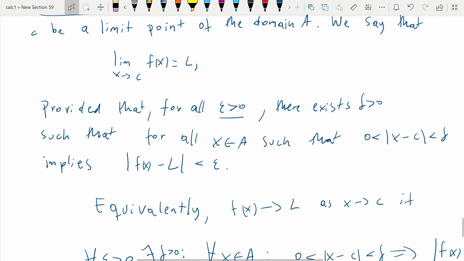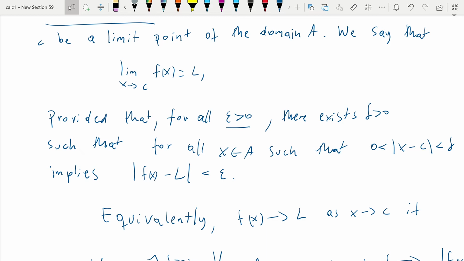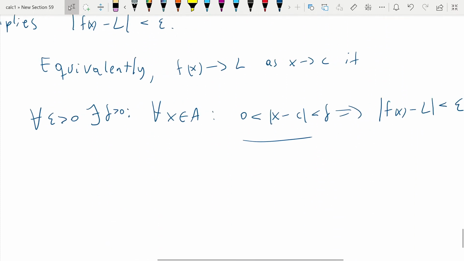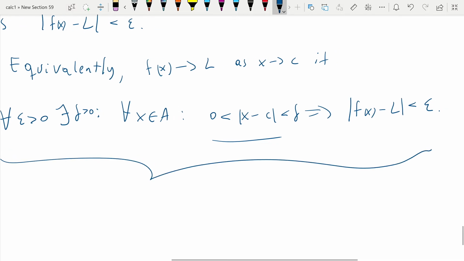And limit points are exactly that: the points that can be approximated by a sequence in the set A that approaches the limit c. Okay, so this is what we need to test. Whenever we want to show that something is continuous, we need to show this statement down here.